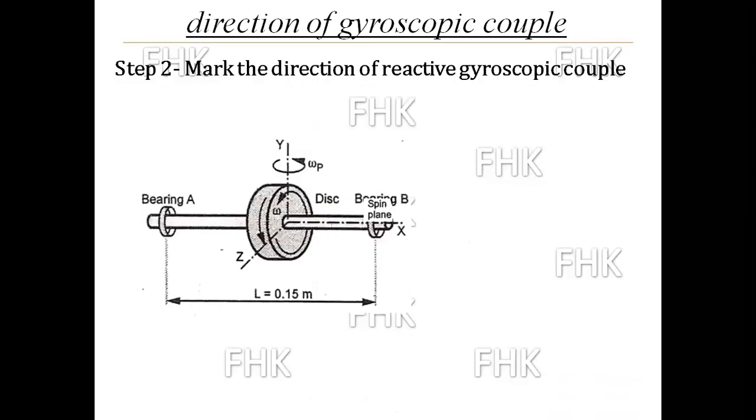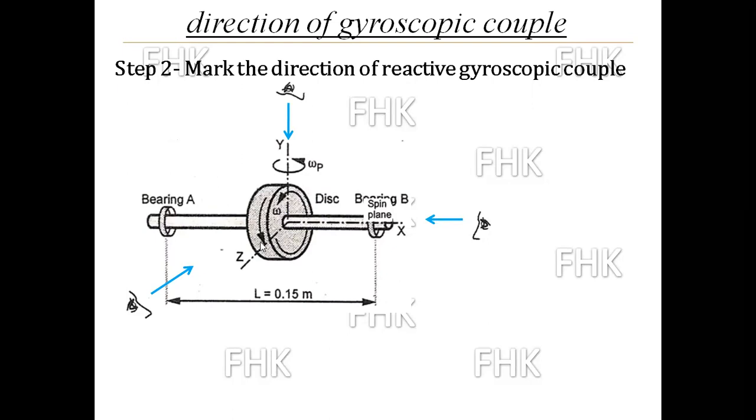So this is the front view, as you are looking now, and this will become the right hand side of the system. The precession of the complete system you can see from the top view.